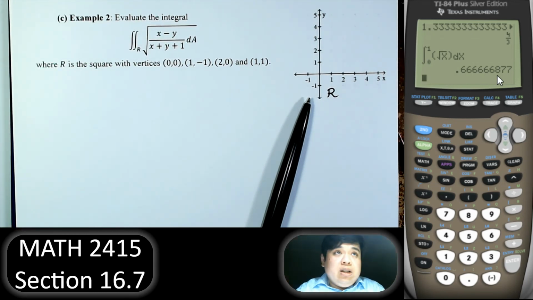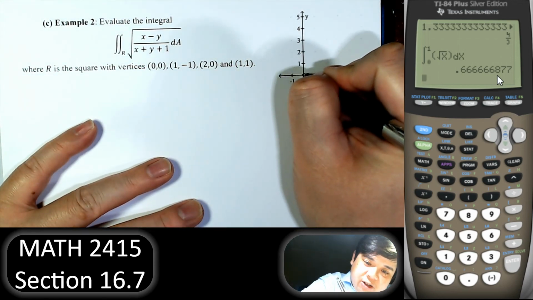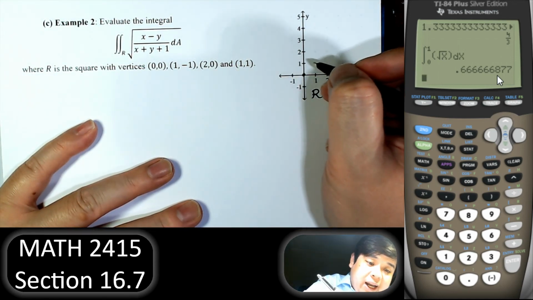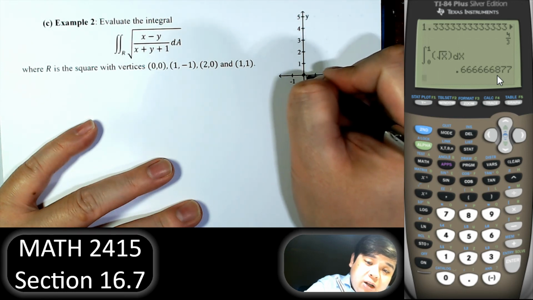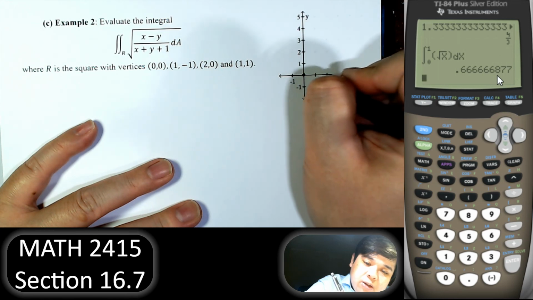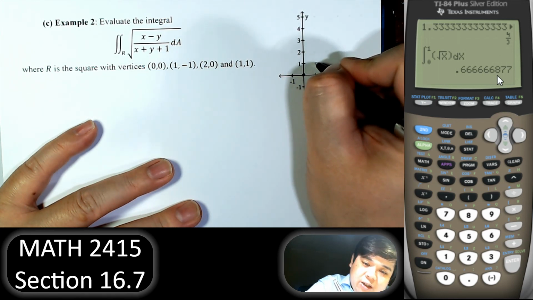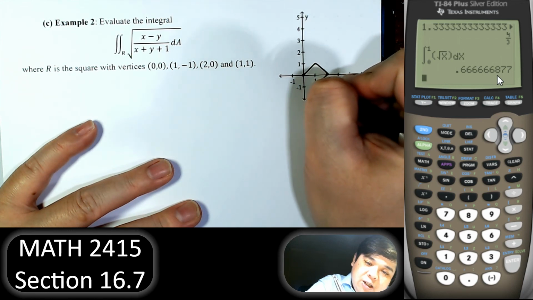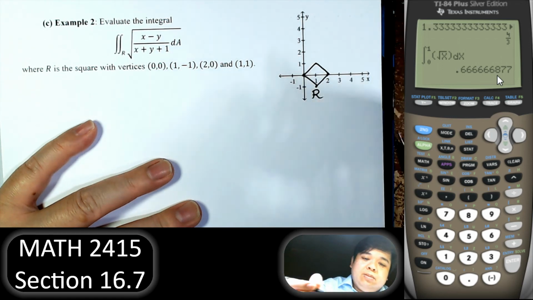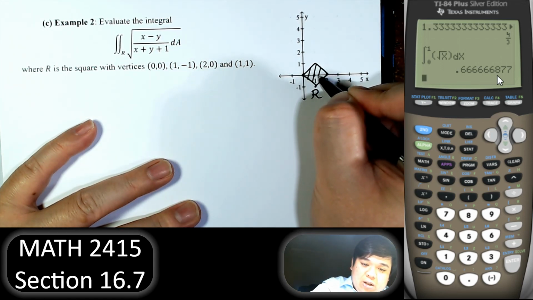The pre-image is something else. And we have the points 0, 0, 1 and -1, 2 and 0, and 1 and 1. So we talk about this square. This is the image in the xy plane.